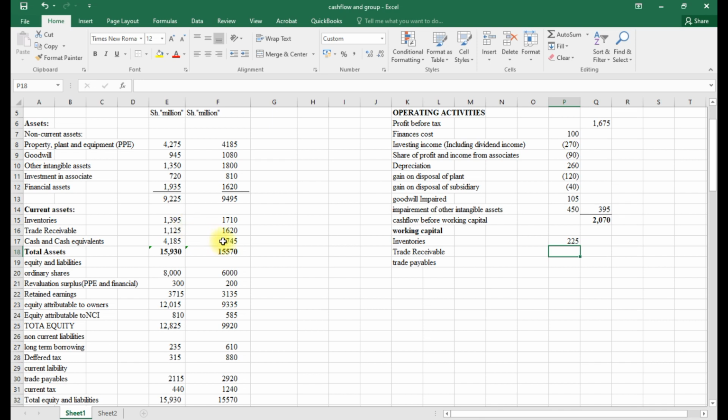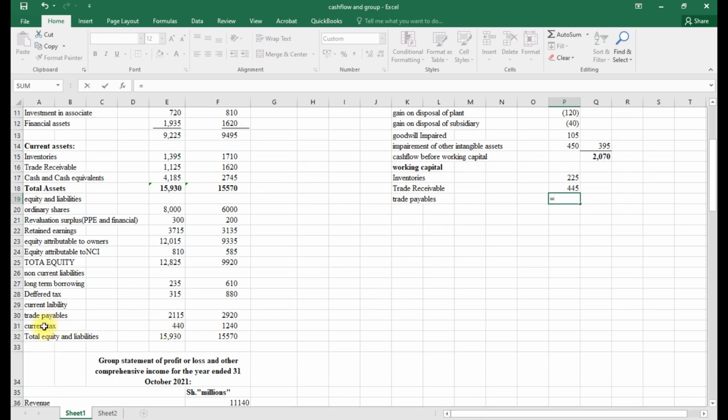The same will apply to the receivable, that way. And we come to the payable. The payable, we started with what? This was again a decrease. Payable, it was a payment.